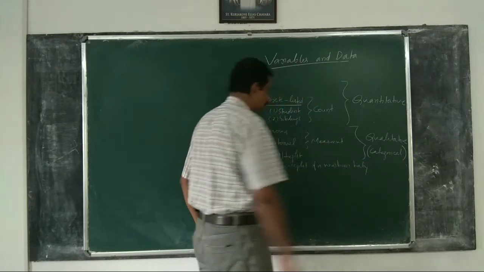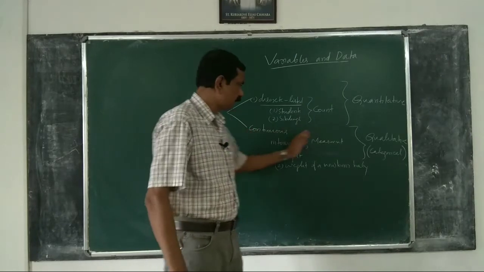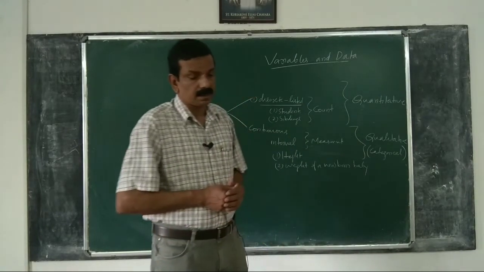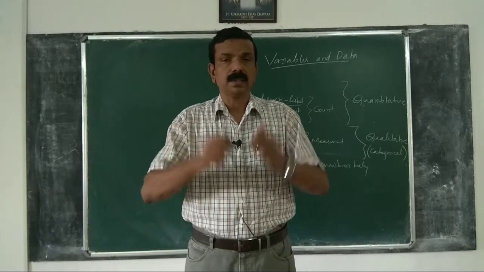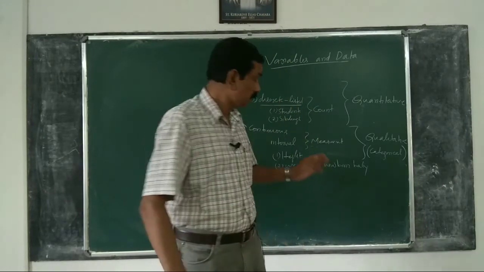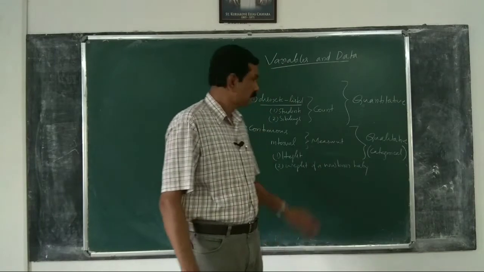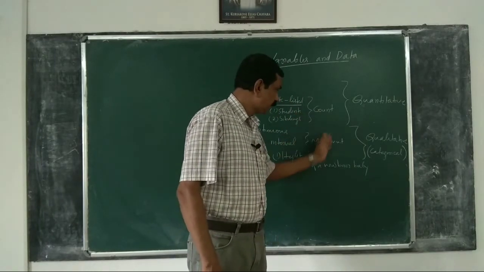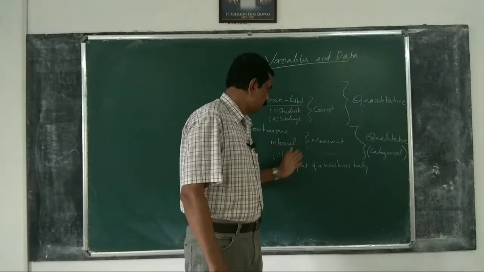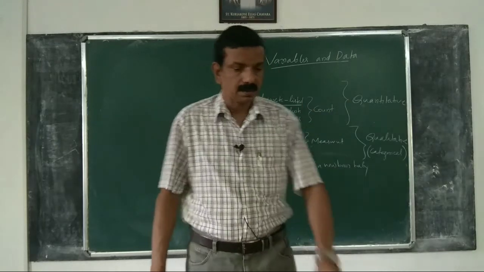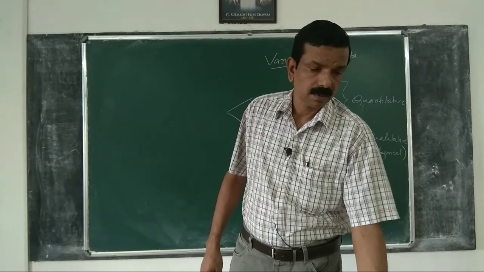These are examples of continuous variables. In the case of continuous variables, we consider values in a range. So continuous involves measurement of something, while discrete involves count of something. So quantitative variables are discrete and also continuous.